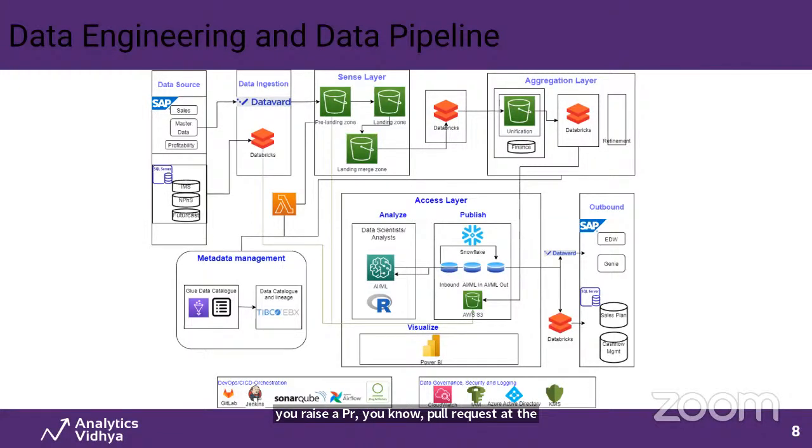Once the code is reviewed by your lead, it will be merged to the feature branch. From the feature branch, there will be one more branch called the develop branch. You might know, or I can tell you, how the development environments and the whole project setup look. First we do the development in our dev environment.